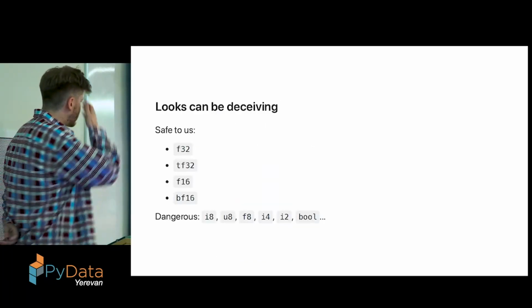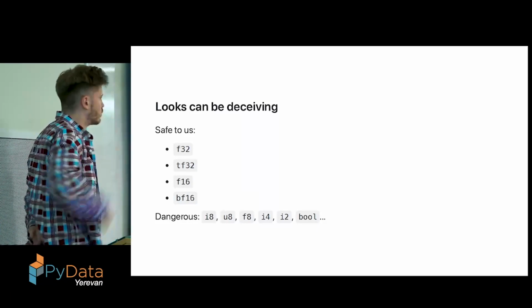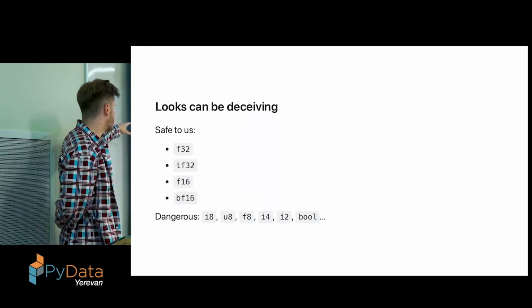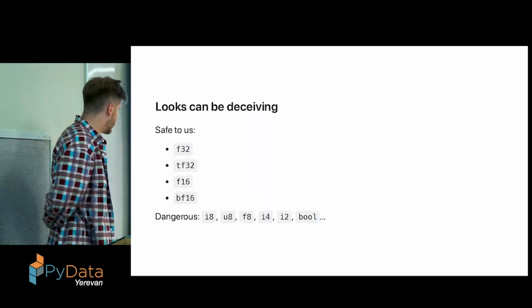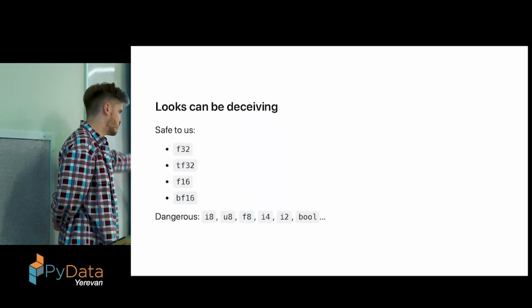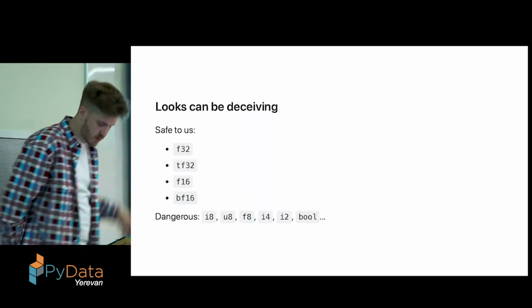So this is about data types. It's easy and safe to quantize from float32 to, for instance, float16 or bfloat16. But it's a bit tricky with int8 and so on, because you can significantly lose accuracy.